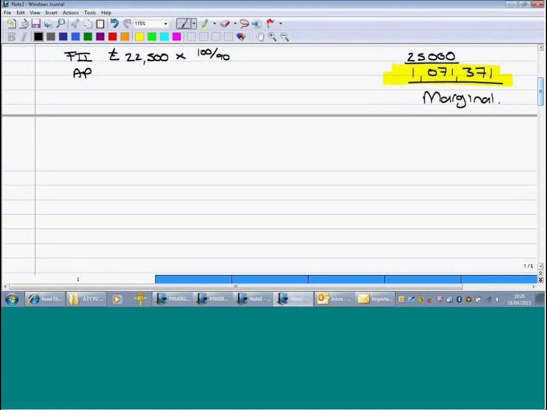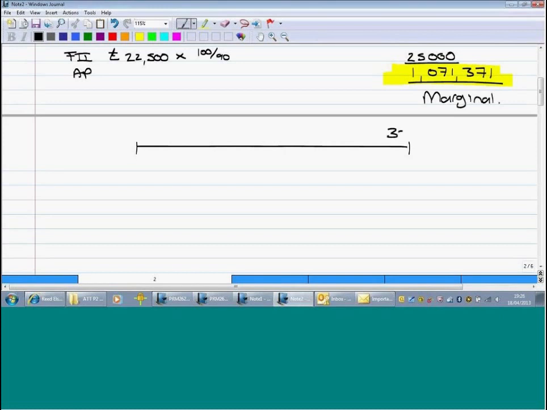Okay, now when we come to calculate the tax, we've got to be careful. We identified at the outset that we're dealing with a financial year straddle. You don't have to do a timeline, but I'm going to do one to show you what's going on here. We're dealing with the year end of the 30th of September 2012. And because it's a year end, that started, as we know, on the 1st of October 2011.